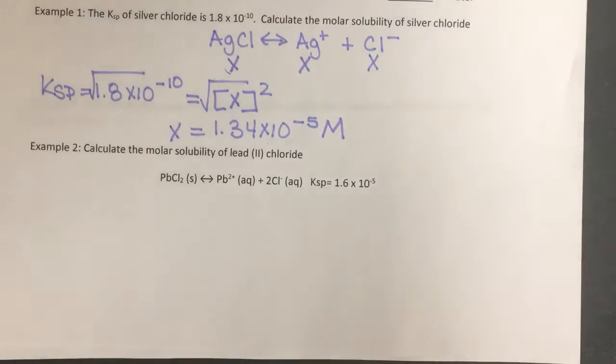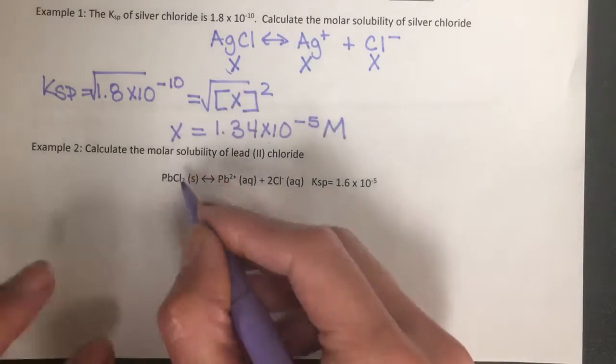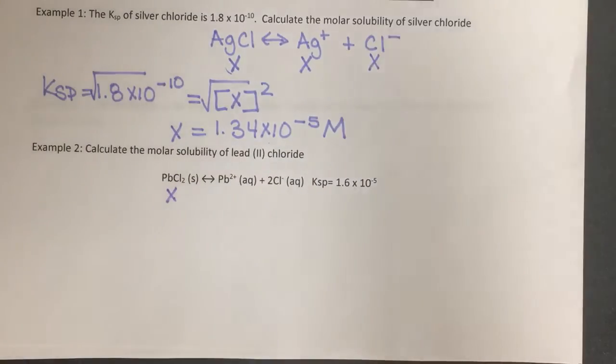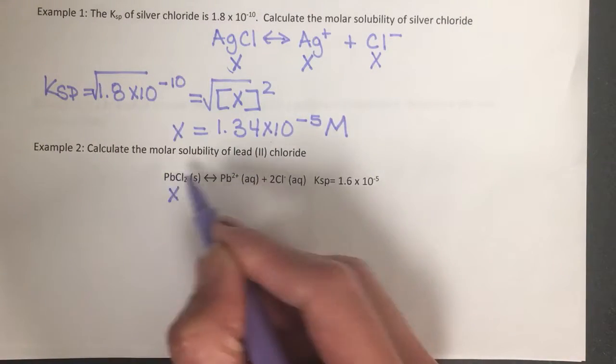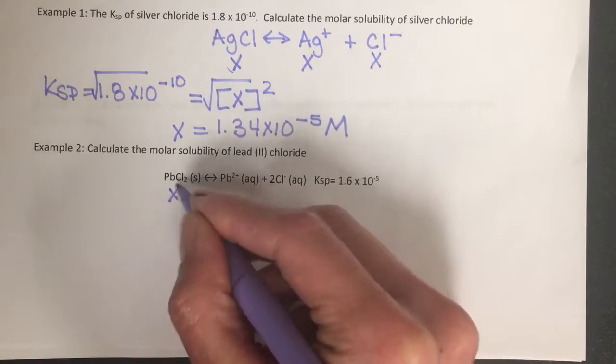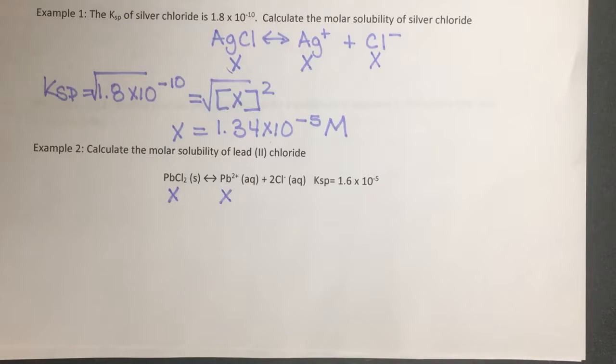Okay? Now it's important that I always keep track of the equation, because the equation is going to seriously affect molar solubility. Here I've got lead(II) chloride. So again, I've got PbCl2. I want to know how much of that can dissolve. Well, it's a 1-to-1 ratio between PbCl2 and Pb2+. So if x of this dissolves, I'll have x of that in solution.